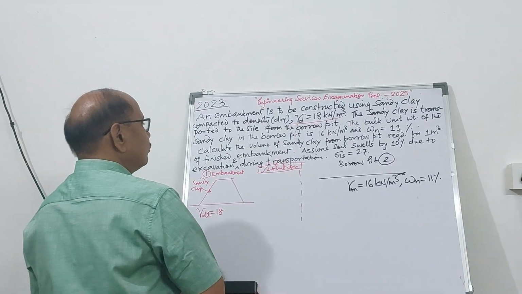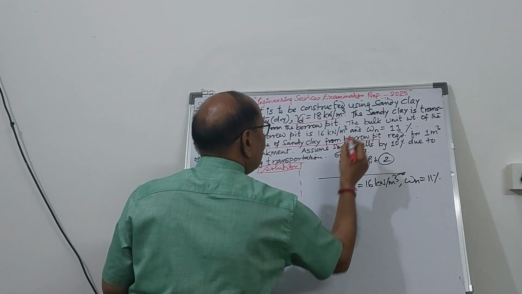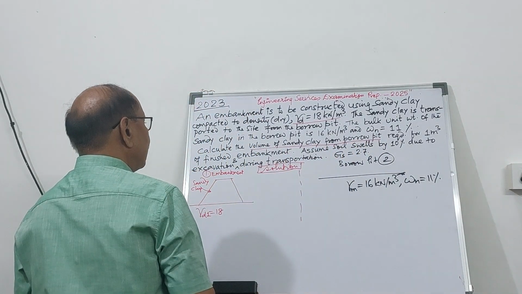So we need to calculate the volume of the sandy clay from borrow pit required for 1 cubic meter.